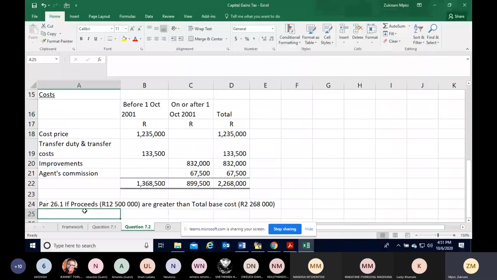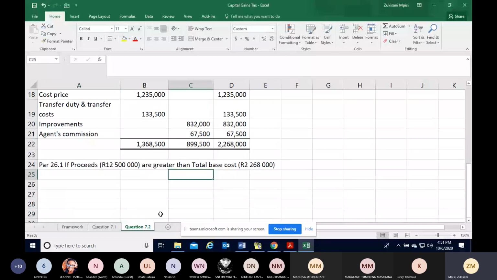What does 26.2 say? Because we might not cover all these questions. 26.2 says if the base cost cannot be determined, then the valuation date value, because remember, we are looking for the valuation date value. Don't forget that we are looking for the valuation date value.